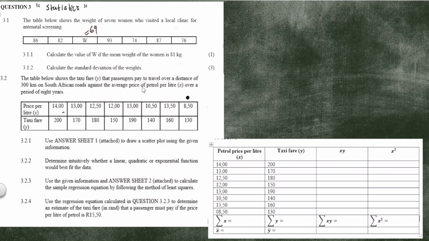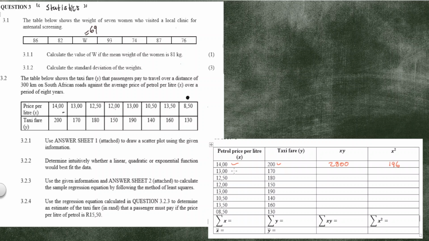So what we want to do now is take 14 times 200. On the calculator, 14 multiplied by 200 is in total 2,800. Then x squared: what is 14 squared? 14 squared is equal to 196.